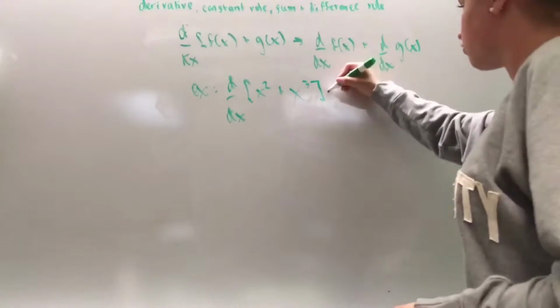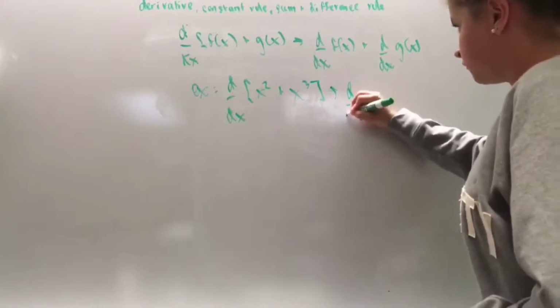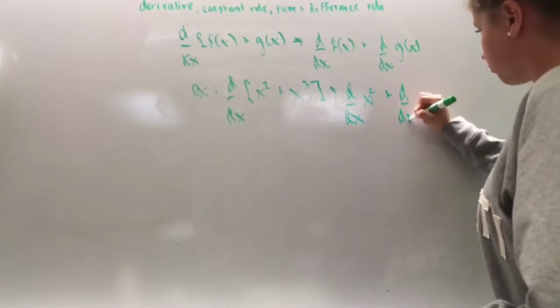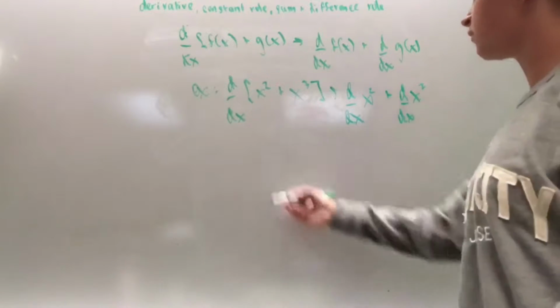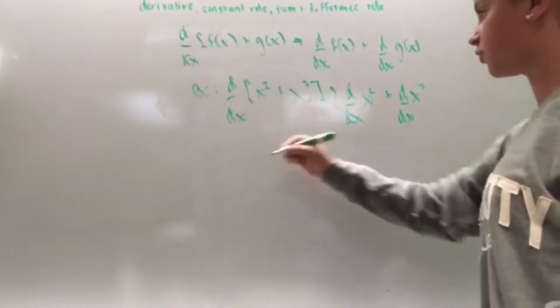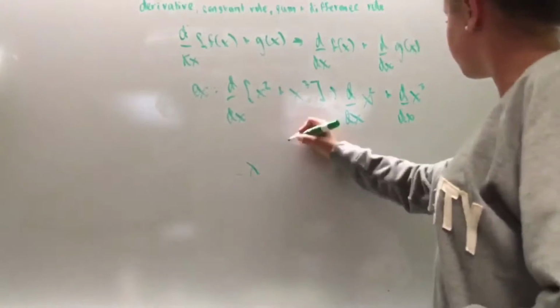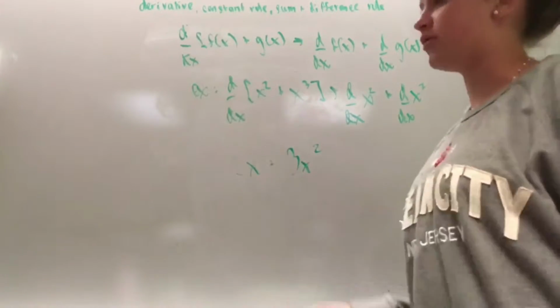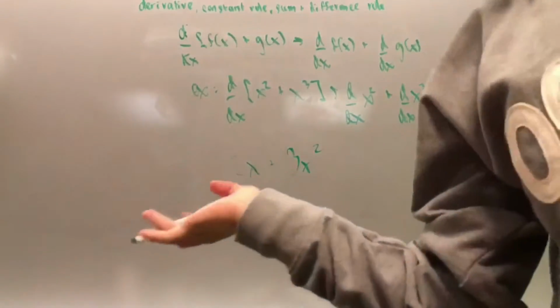The derivative of x squared is 2x, the derivative of x cubed is 3x squared. So you add those together and that's your answer for the sum rule.